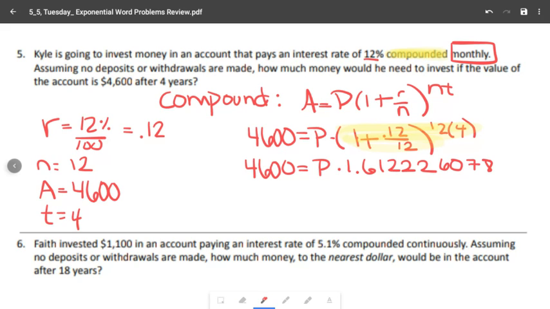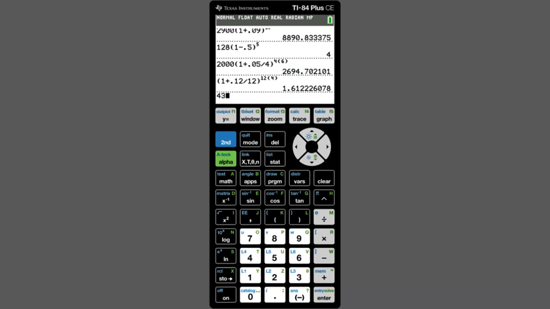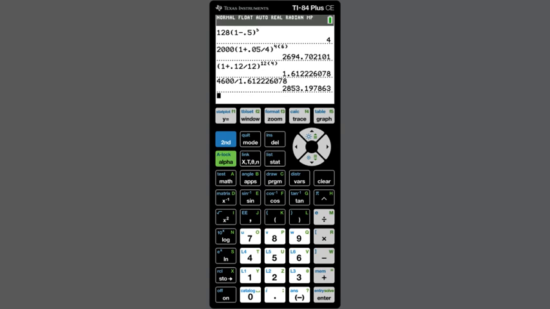Now, the P was right next to the parenthesis, which implies multiplication. So to get rid of it, the opposite of multiplying is dividing. So we are dividing the 4,600 by this entire decimal. So 4,600 divided by the entire decimal.